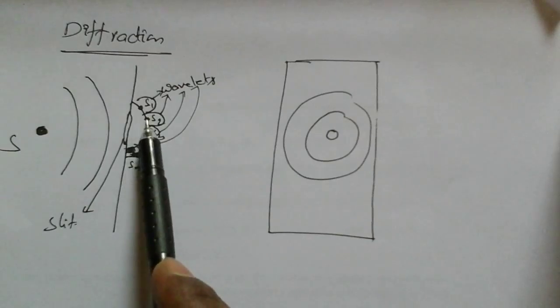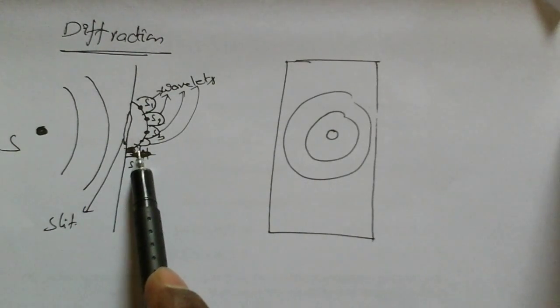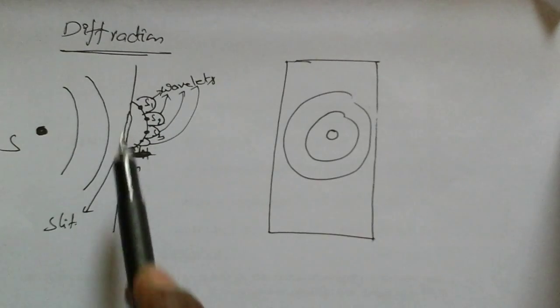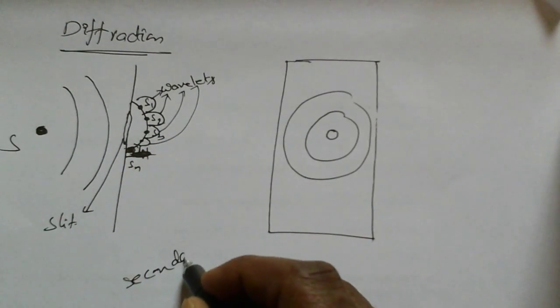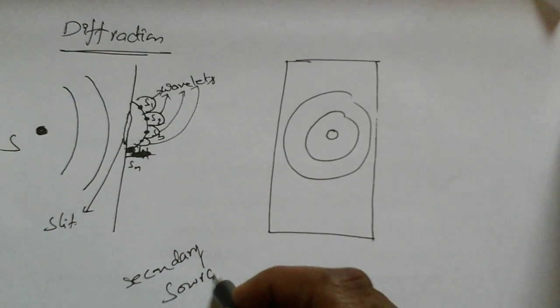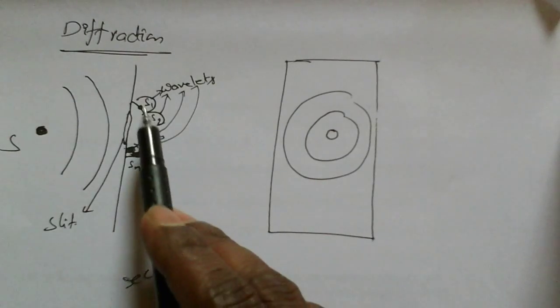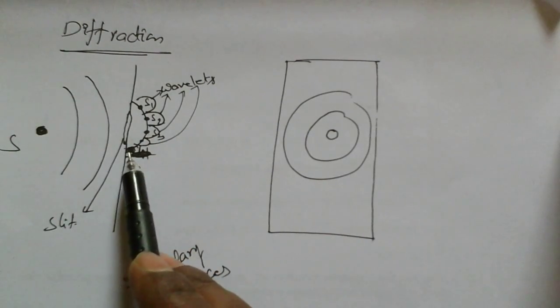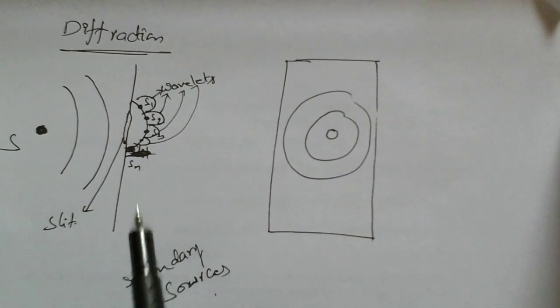This S1, this S2, this S3 and Sn, all these points are called secondary sources. They act like secondary sources.